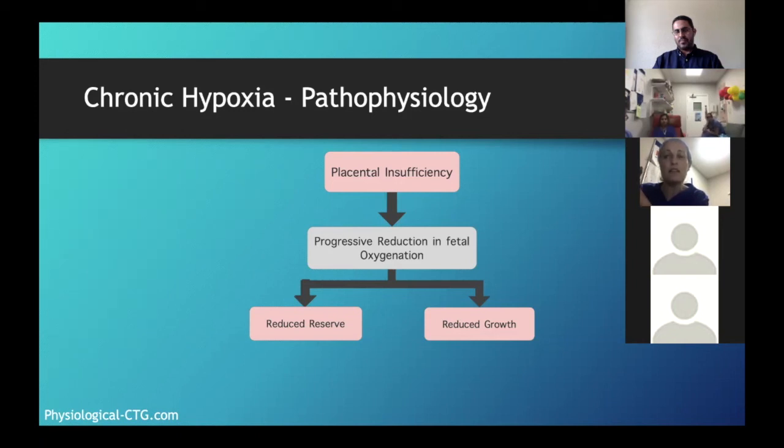And the CTG, to the naked eye, was looking pretty normal. I went to do a scan, and that baby had abnormal Dopplers. So Dawes-Redman is, for the antenatal CTG, a step ahead in this placental insufficiency, poor placental reserve story.